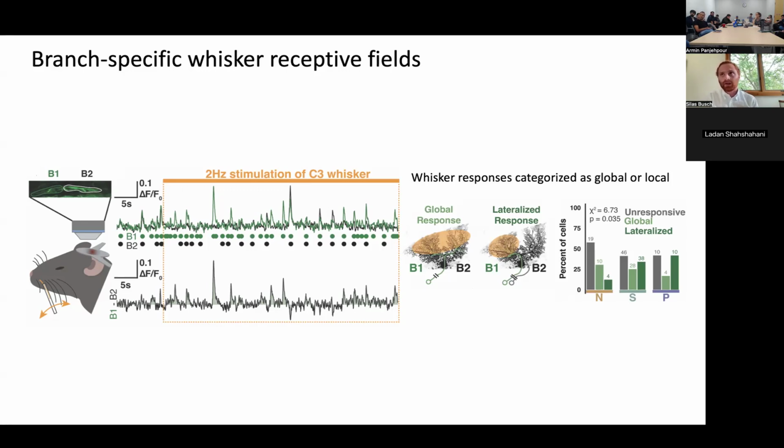And then when I'm asking the next level question that you are, and it's a great question, I was demanding even more confidence that one branch was representing a particular whisker and the other was representing a different one and not the other one. At that point, I just didn't have statistical power with the way I set up this experiment to say that clearly. Anecdotally, yes, I saw what looked like it could be that, but I couldn't prove that statistically here, unfortunately. But that would be a brilliant follow-up experiment.